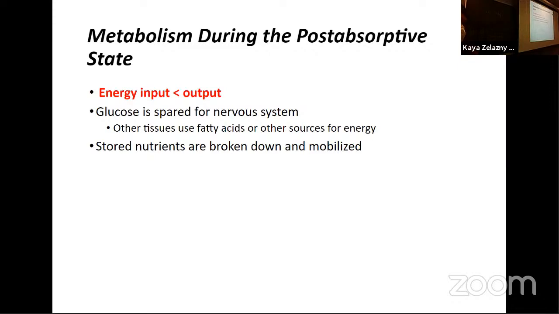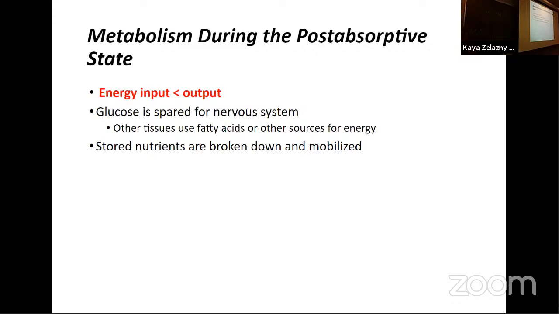During the post-absorptive state, we're going to save our glucose for the nervous system. The nervous system, and especially the brain, have to pretty much do aerobic cellular respiration, right? So they need that glucose and they need oxygen.